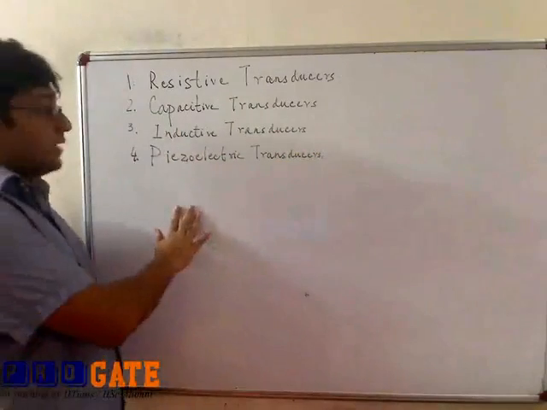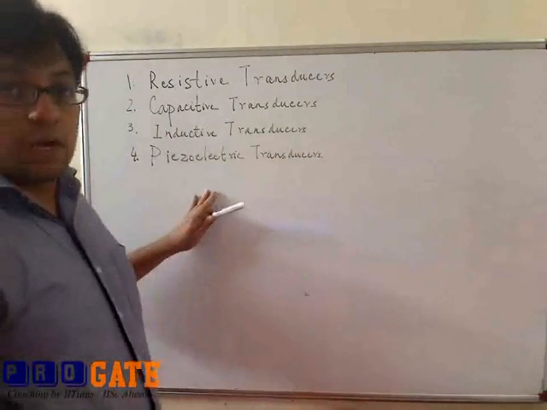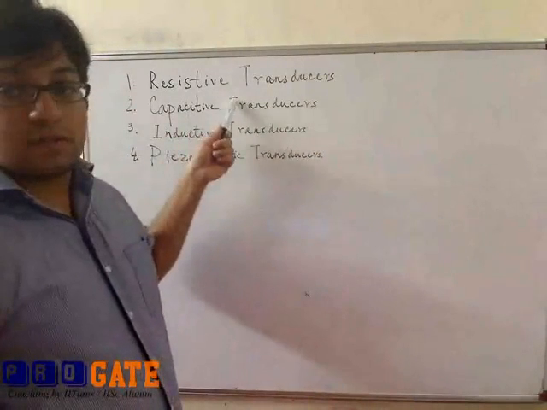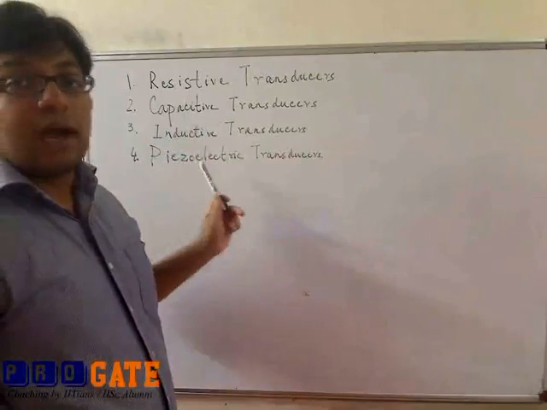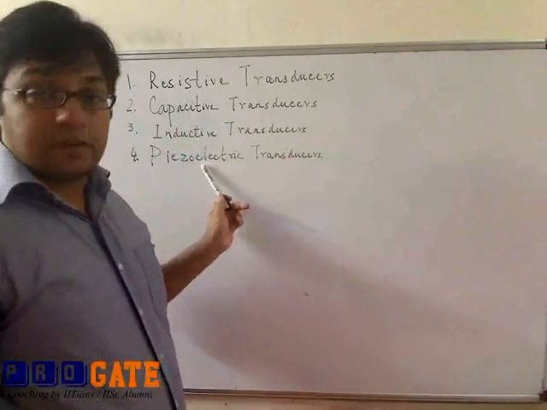These are the four main kinds of transducers that we need to study. First is the resistive transducer, then the capacitive transducer, the inductive transducer, and finally the piezoelectric transducer.